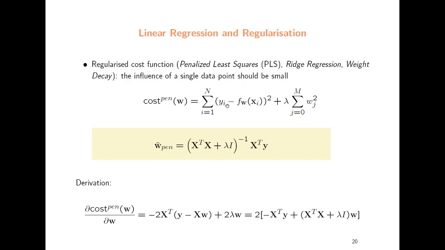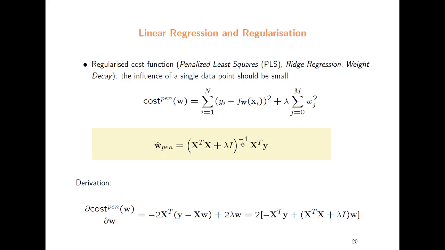And so the nice thing, and very elegant thing, is that the solution, which we now call the penalized least squares solution, is x transpose x plus lambda I, and I is the unit matrix we introduced last time. So this is a diagonal matrix with ones of the appropriate dimension, and here's where the lambda occurs.